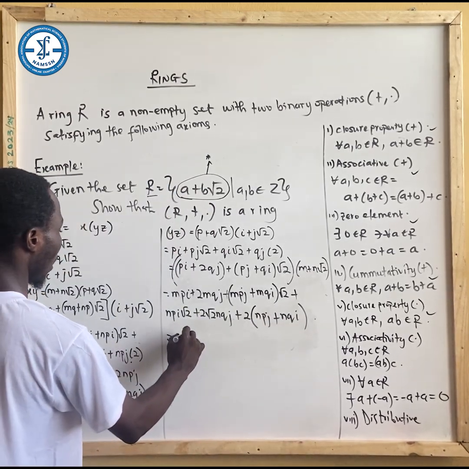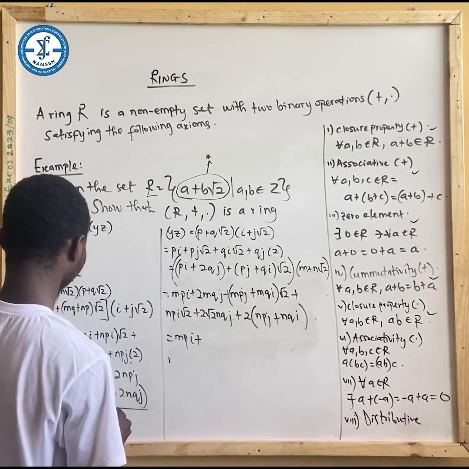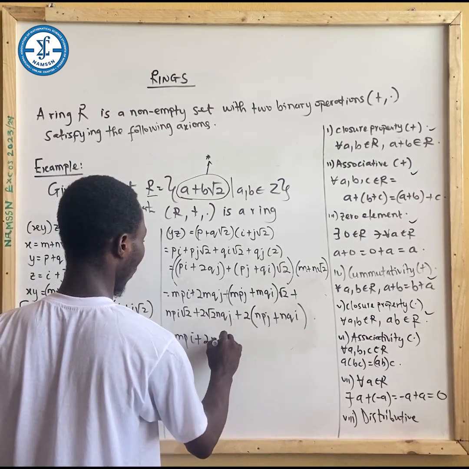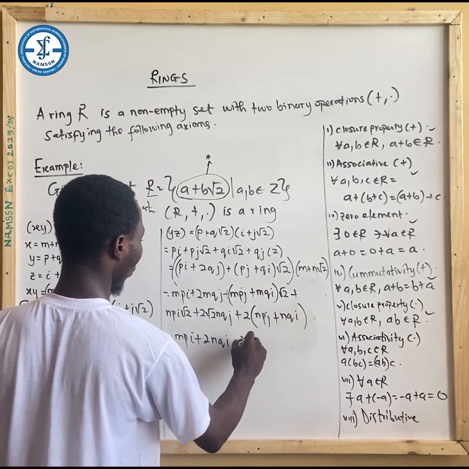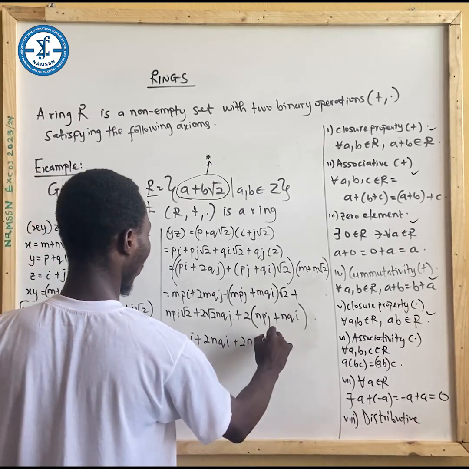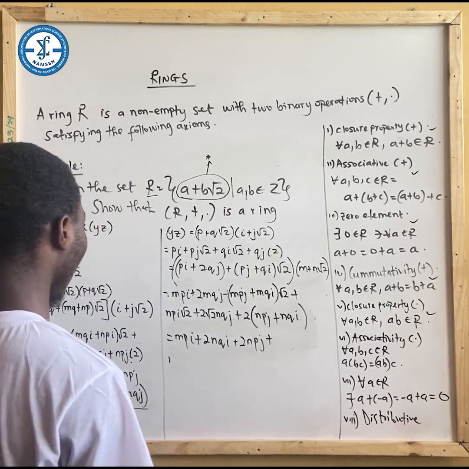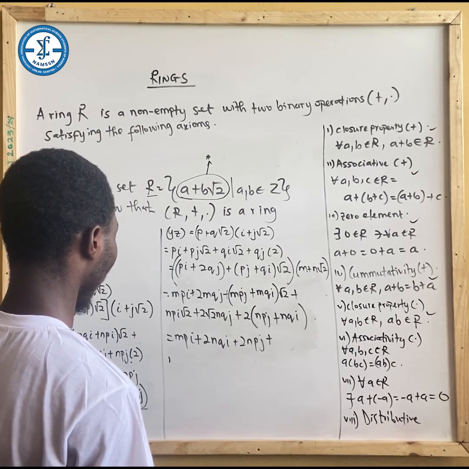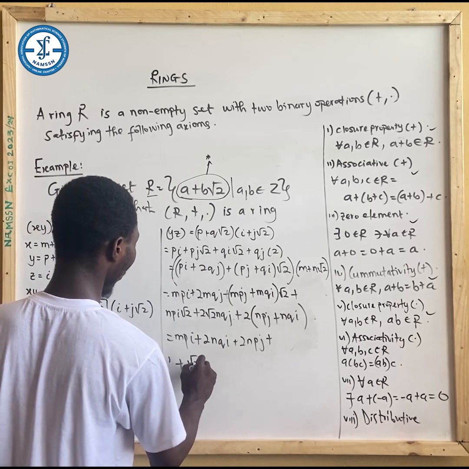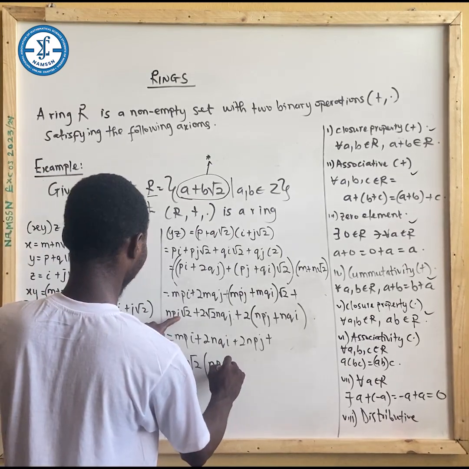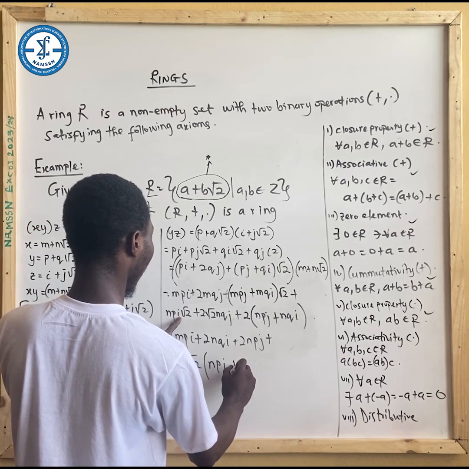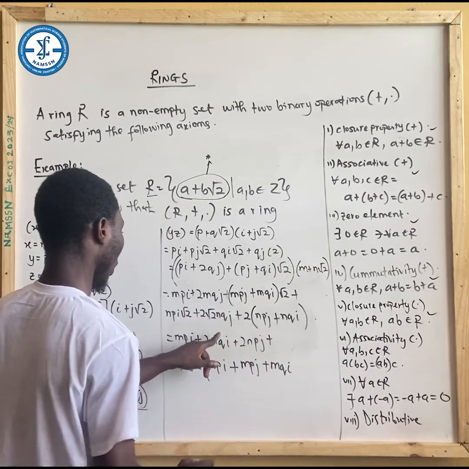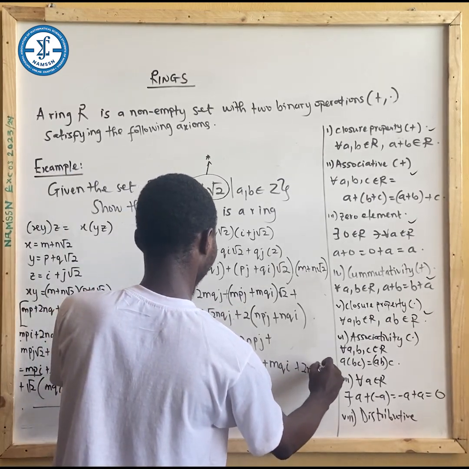So I have MPI plus, and I see 2NQI here, 2NQI plus 2NPJ plus, and I see NQJ, okay, plus root 2 open bracket NPI plus MPJ plus NQI plus 2NQJ.